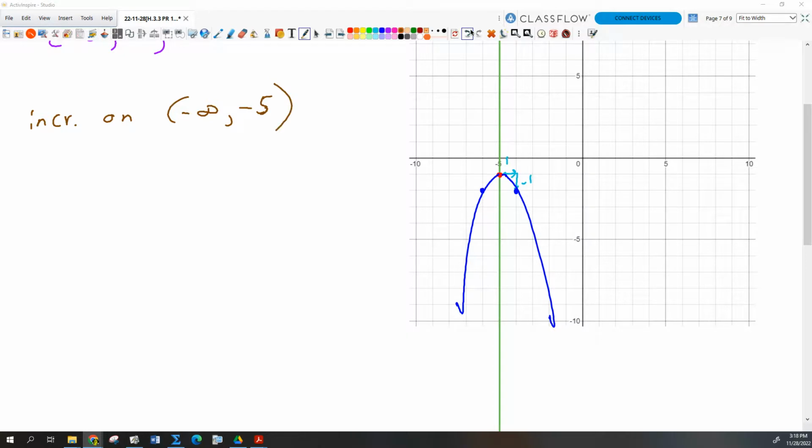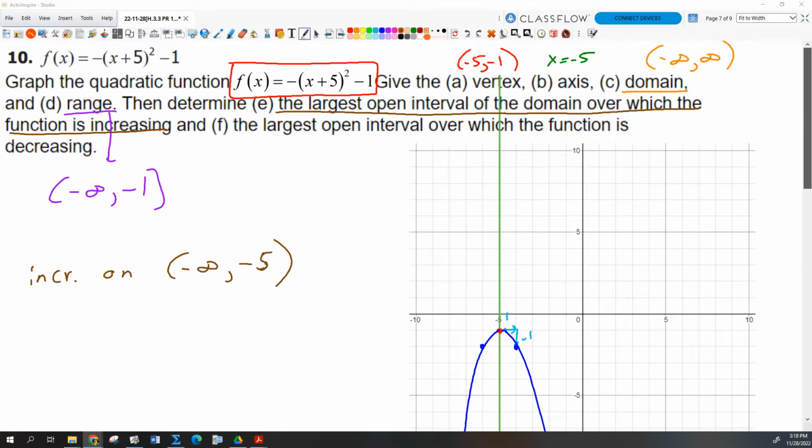How come we need a parenthesis with the -5? Because it's not increasing there, right? It's increasing up until that point, but at x equals -5, it's horizontal, right? That's the transitional point. So it's increasing on that interval. Where is it decreasing?